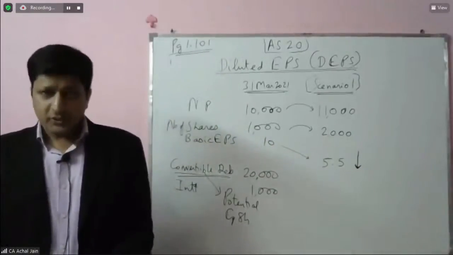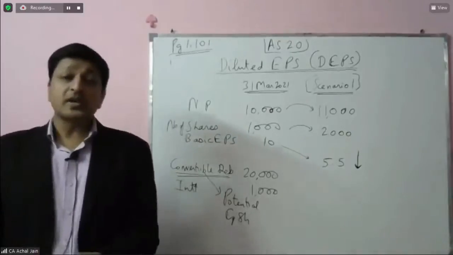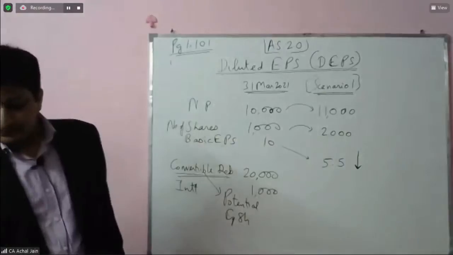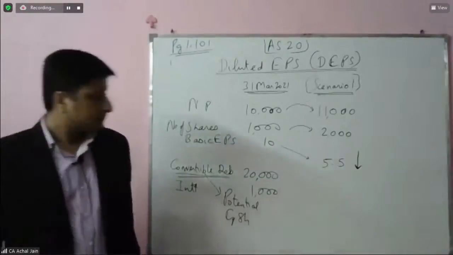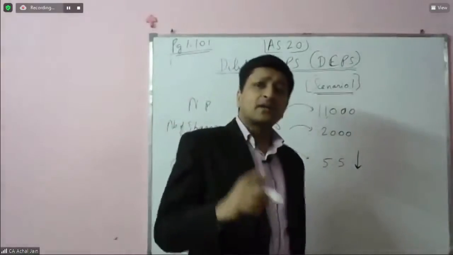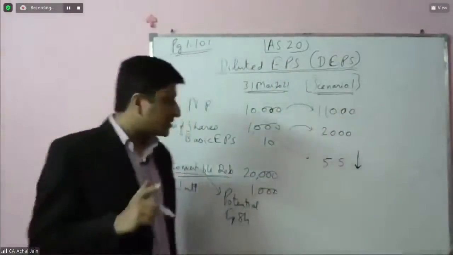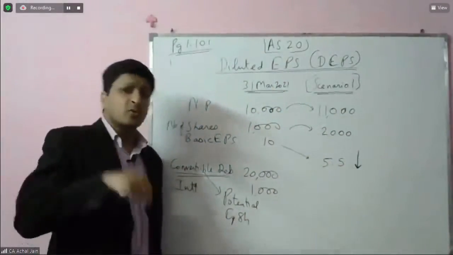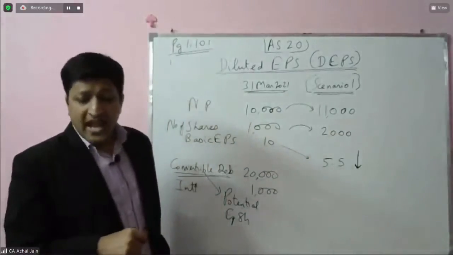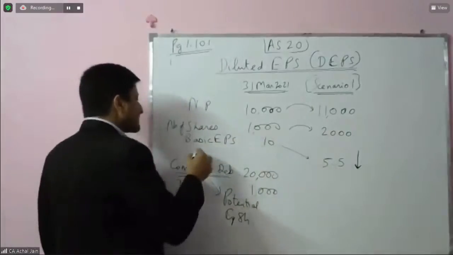So now, after considering the impact of potential equity shares, if the EPS goes down, what do you call that EPS as? Diluted EPS.